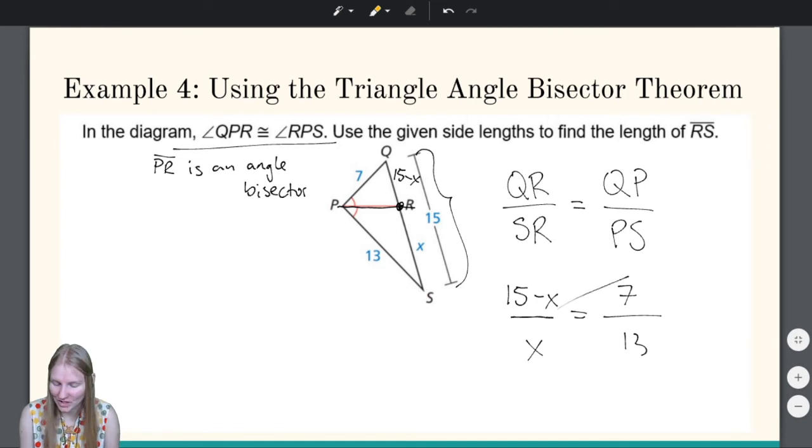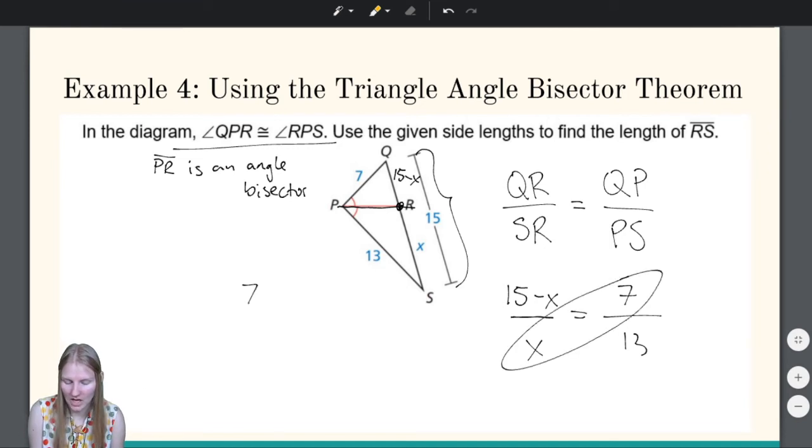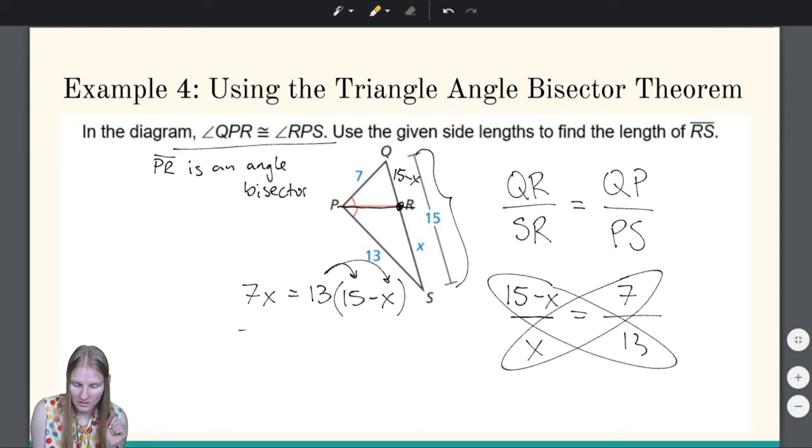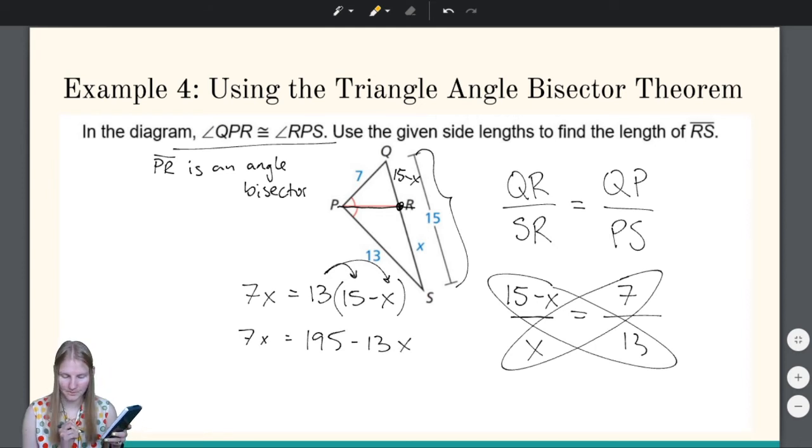I can solve it using cross multiplication. So 7x equals 13 times 15 minus x. Oops, minus. That doesn't look like a minus sign. There we go. All right, now I can distribute. 7x equals, what is 13 times 15? 195 minus 13x.